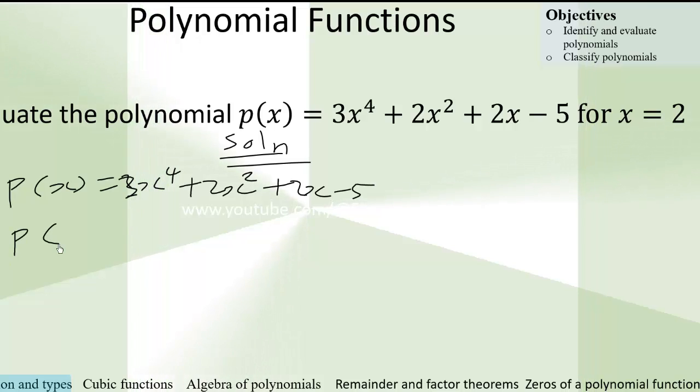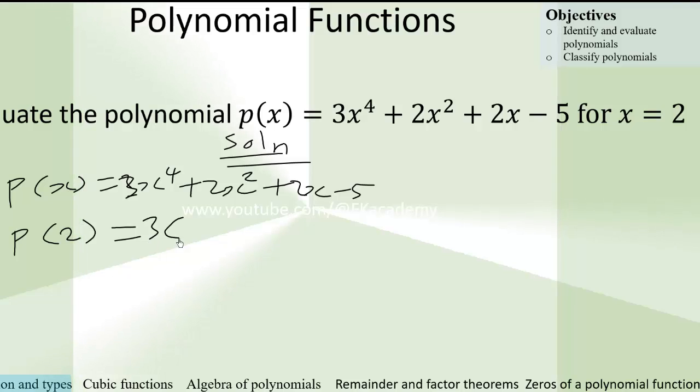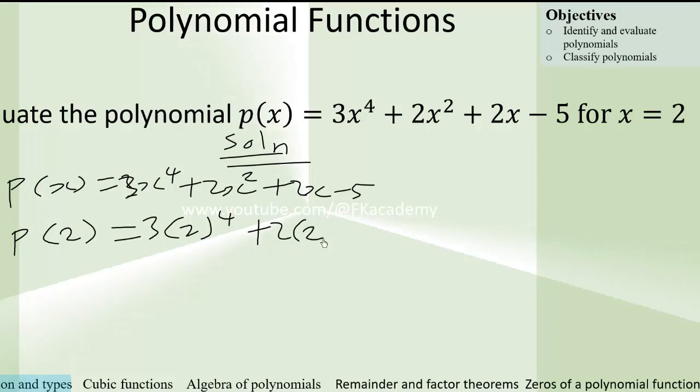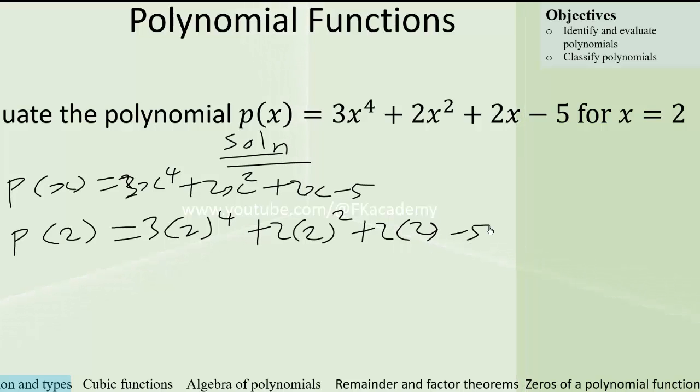So when x is equal to 2, we have p of 2 equal to 3 into brackets 2 exponent 4 plus 2 into brackets 2 exponent 2 plus 2 into brackets 2 minus 5.